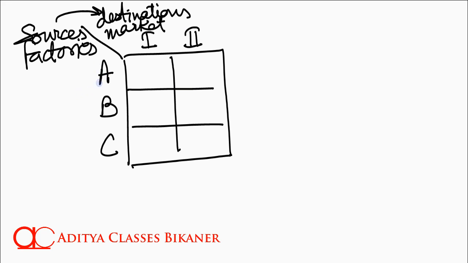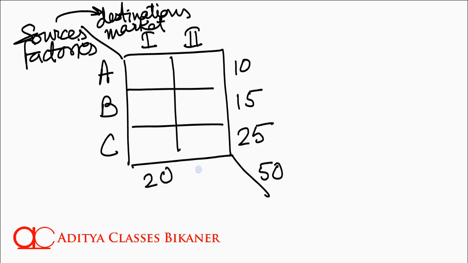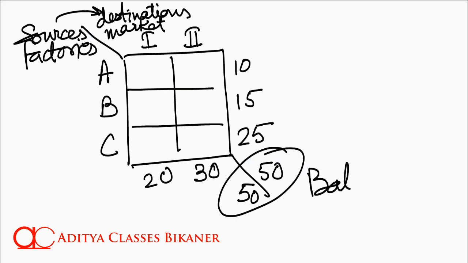Suppose I produce 10 units at A, 15 units at B and 25 units at C. So in all, I'm producing 50 units, and my markets have demands of 20 units and 30 units respectively, constituting a demand of 50 units. So this is a balanced transportation problem.